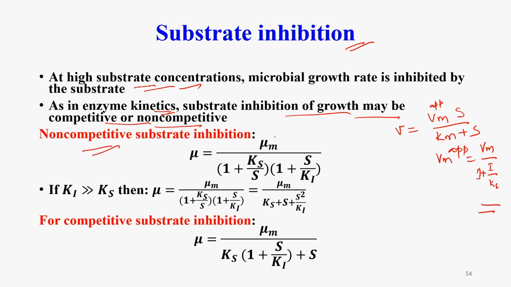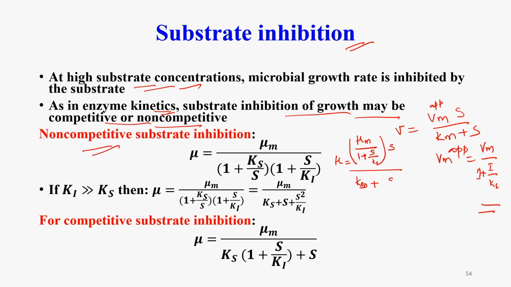Similar to this, we are going to see here mu equals mu max apparent S divided by Ks plus S, where mu max apparent means mu max divided by 1 plus S upon Ki.